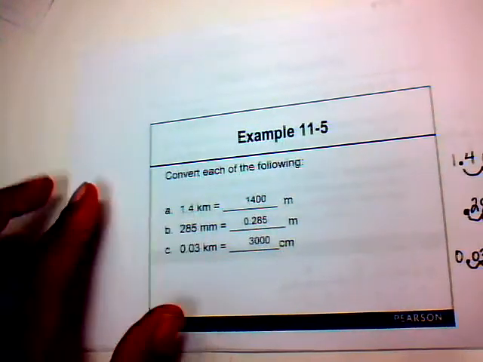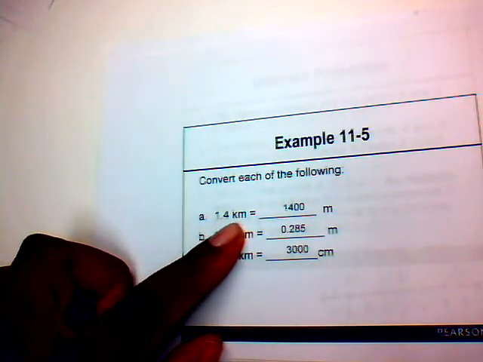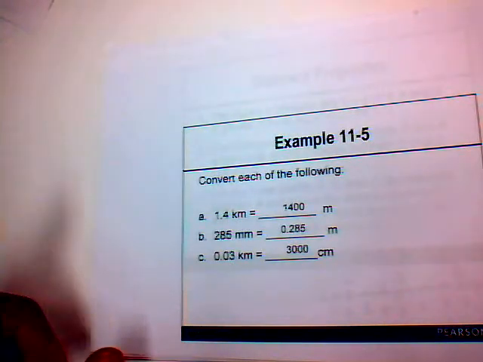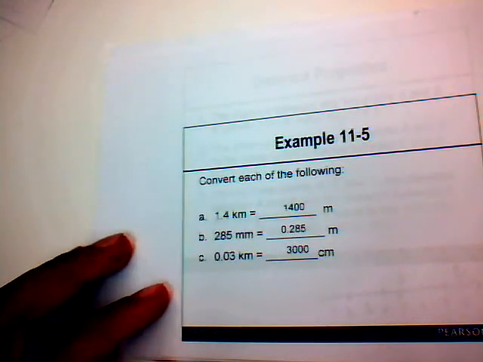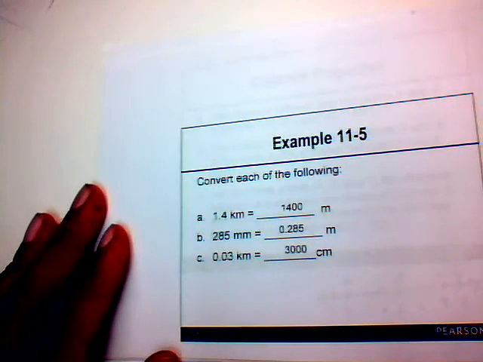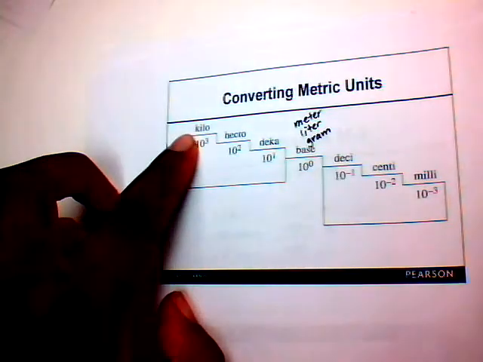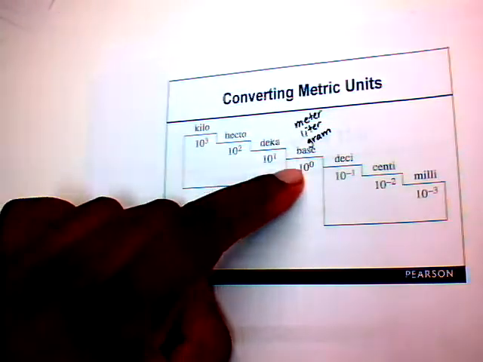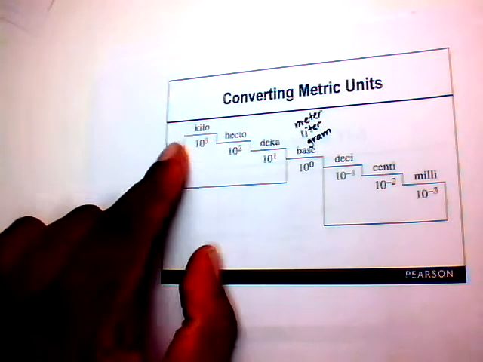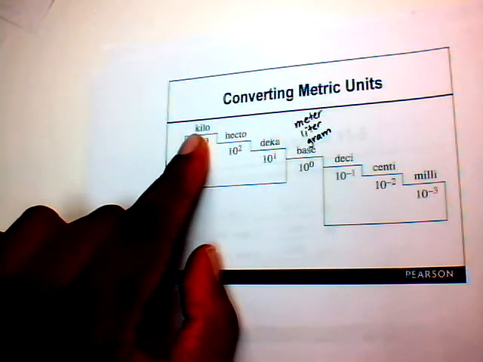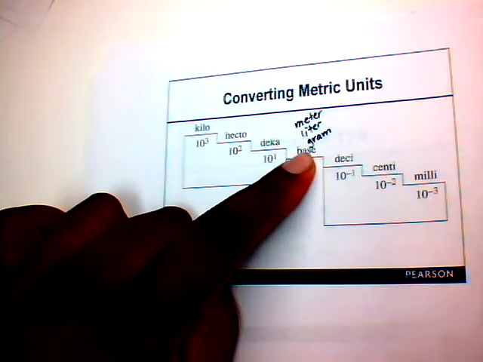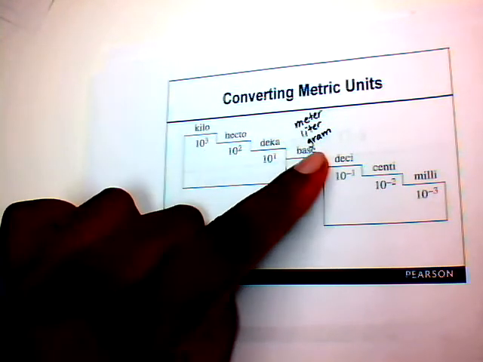Let's say we want to convert 1.4 kilometers to meters. We got 1.4 kilometers. We want to convert that to meters. All right, now let's look at this chart. We're going from kilometers to meters. That's the base right here. Kilometers to meters, you have to go 1, 2, 3 places to the right.